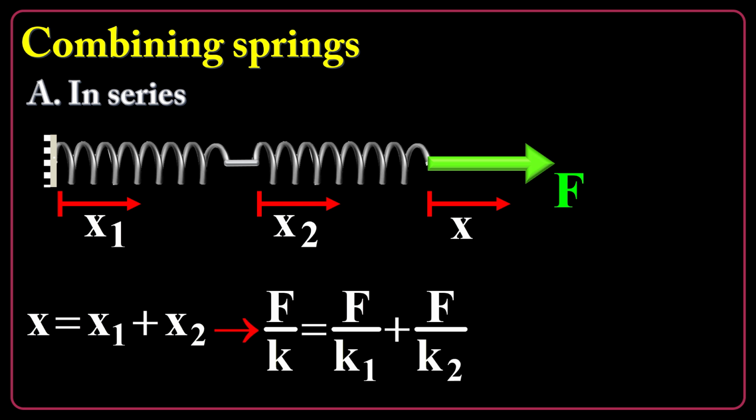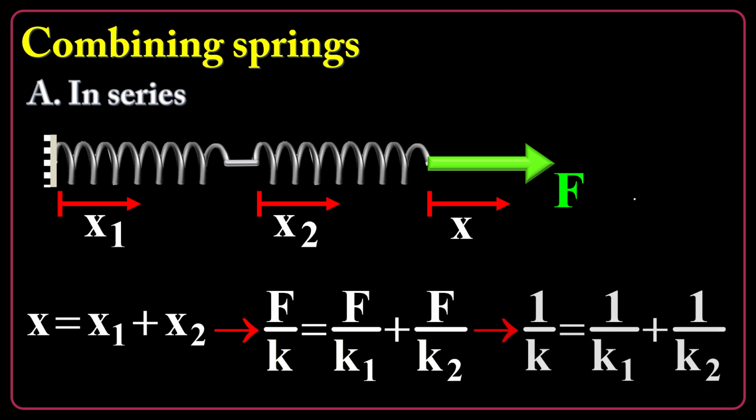So this is the relation we can immediately infer from X equals X1 plus X2. Upstairs we will have the same F. So if I factorize F on the right side, I can drop it, and I will have 1 over K is equal to 1 over K1 plus 1 over K2. Mathematically, you can show that this spring constant K is smaller than K1 and smaller than K2.